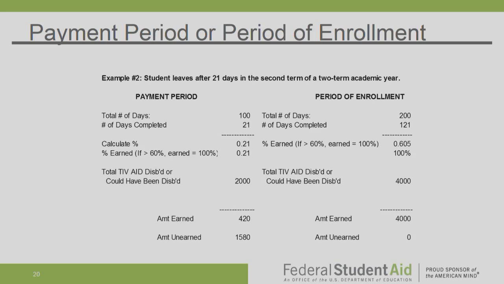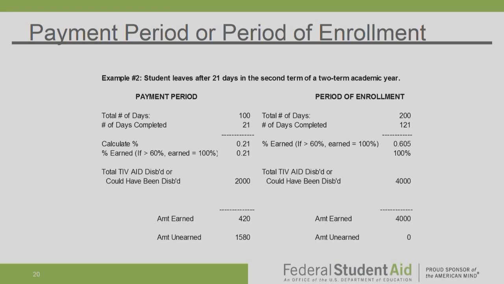By contrast, see what happens here. The student leaves after 21 days in the second term of that 2-term academic year. So in that payment period, you're still looking at that 100 days because we're in that second payment period, and they've completed 21 days, thereby earning 21%. They still have that $2,000 of Title IV aid that was disbursed or could have been disbursed, showing that in this example, they've earned $420, not earning $1,580.